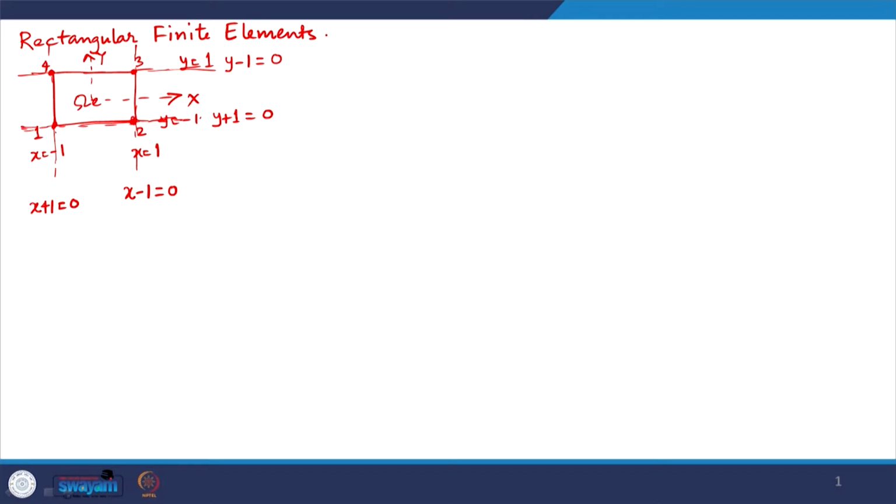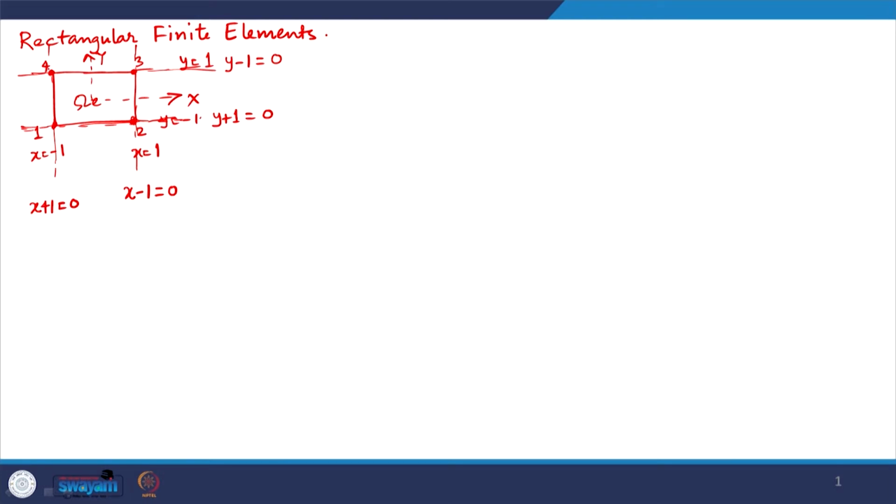So, for example, if I am trying to derive the interpolation function corresponding to node 1, all that I need to do is take the equation of line 2 3, multiply it with the equation of line 3 4, and it takes care of the condition that N1 should vanish at 2, 3 and 4, right.